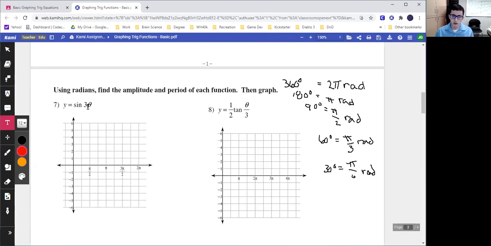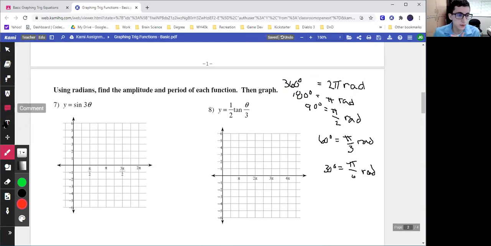So our period is going to be 3 times shorter. The standard period is 2 pi radians, but because we're traveling through that 3 times faster, it'll be 1/3 of that size. So it won't be 2 pi radians, it'll be 2 pi over 3 radians.